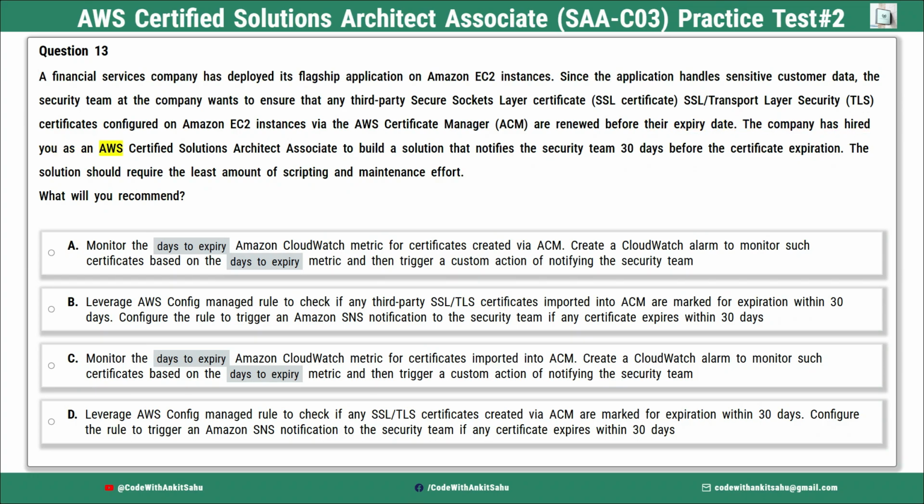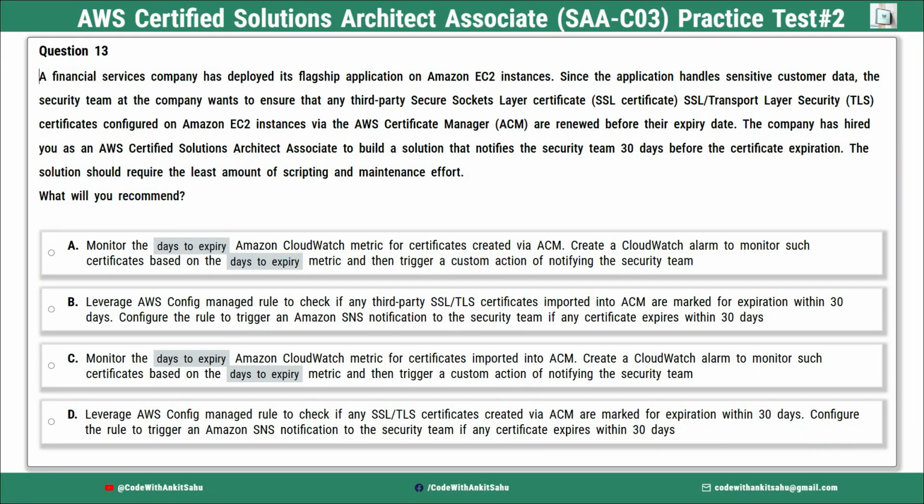The company has hired you as an AWS Certified Solutions Architect Associate to build a solution that notifies the security team 30 days before the certificate expiration. The solution should require the least amount of scripting and maintenance effort.